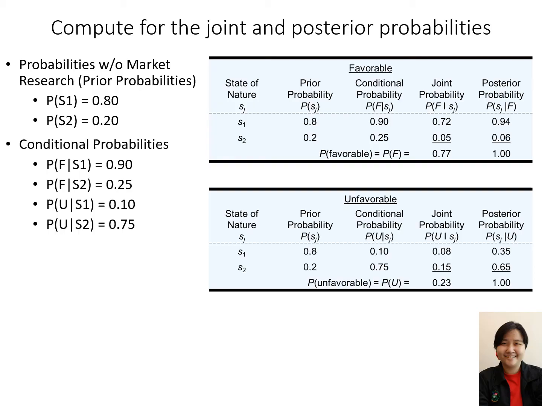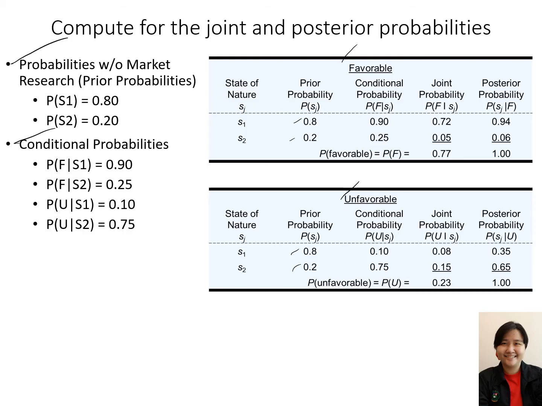So once again, assume that we are given only the prior probabilities and conditional probabilities. We will also construct two tables, one for favorable and another for unfavorable. We will write down all the given values. For prior probabilities, in this case, S1 is 80% and S2 is 20%. So we write down here 80% for S1 and 20% for S2.